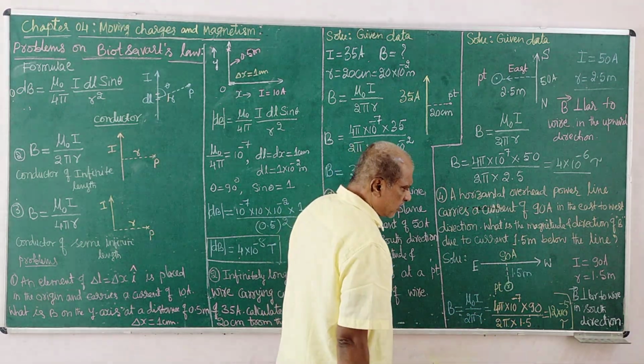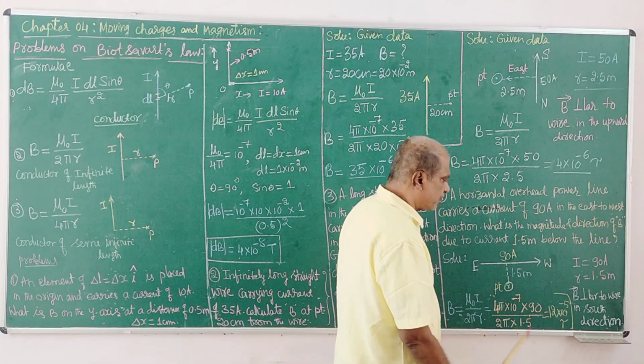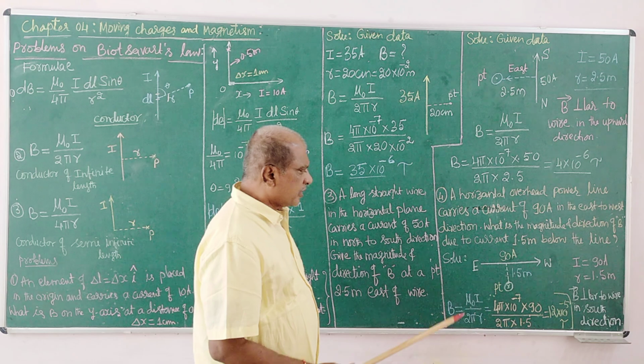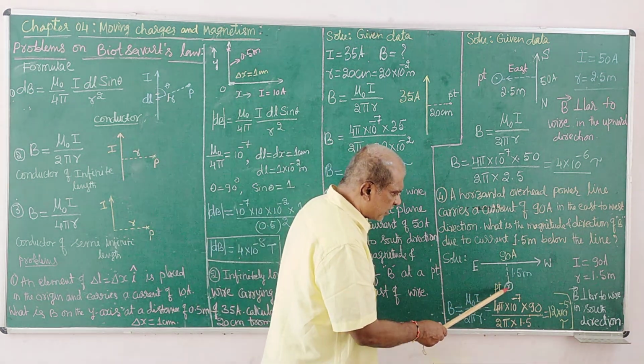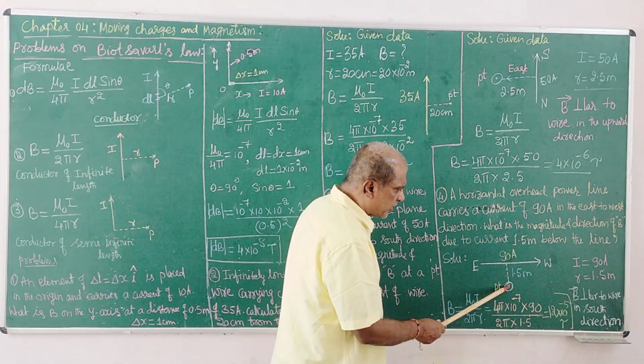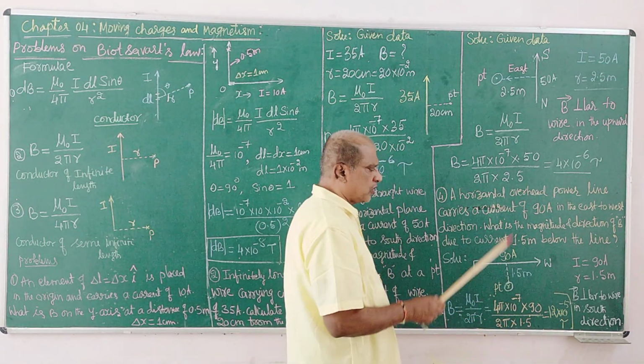Simplify this, you get 12 into 10 to the power minus 5 Tesla. This is the magnitude of the magnetic field at this point, below this power line.